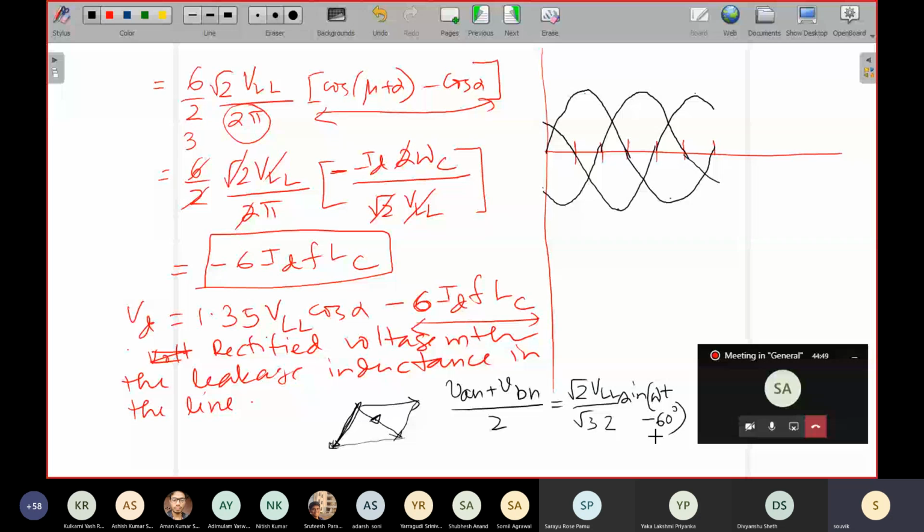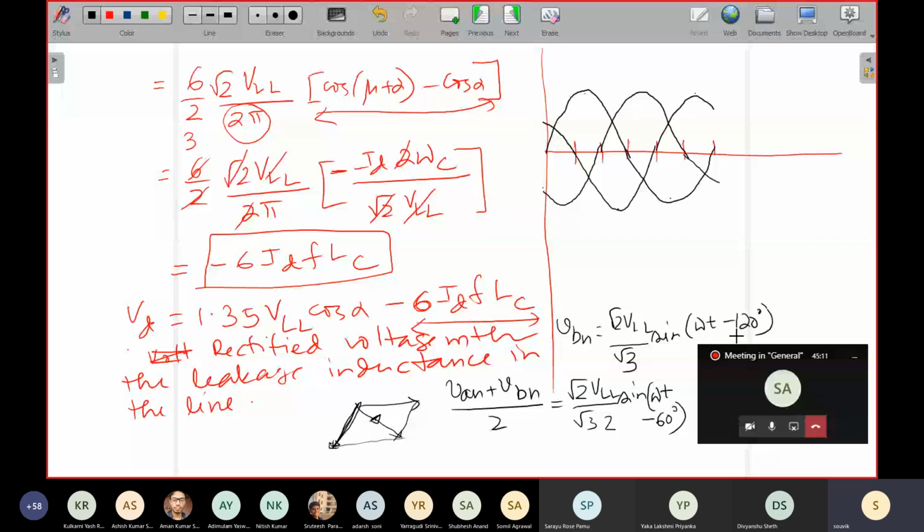Whereas VBN is root 2 VLL by root 3 into sine of omega t minus 120 degree.